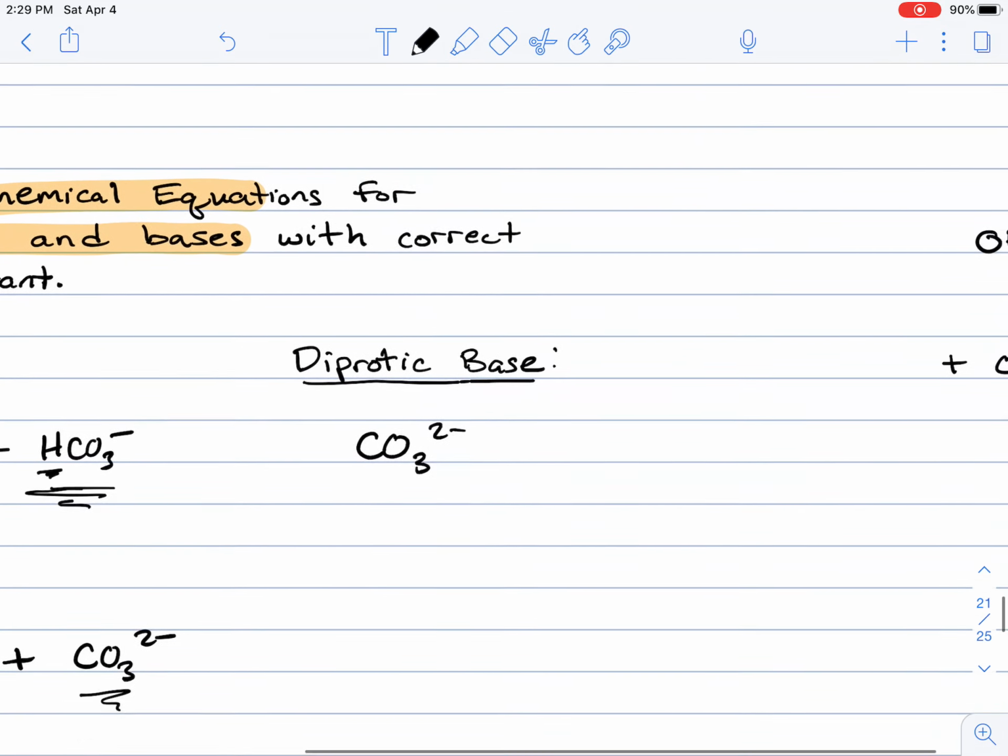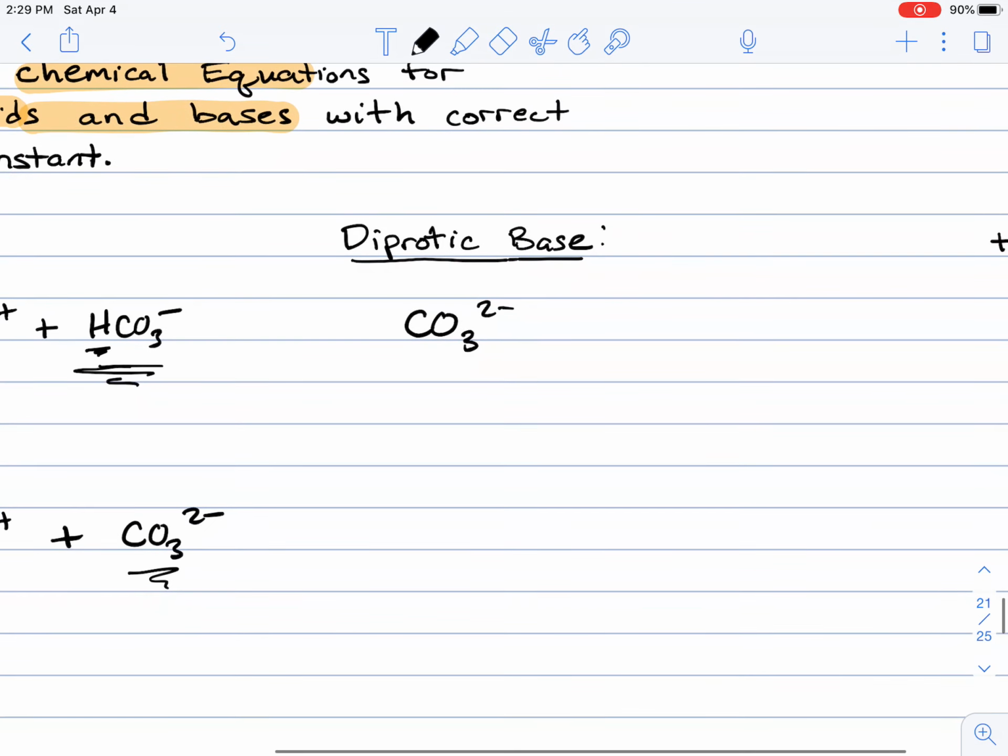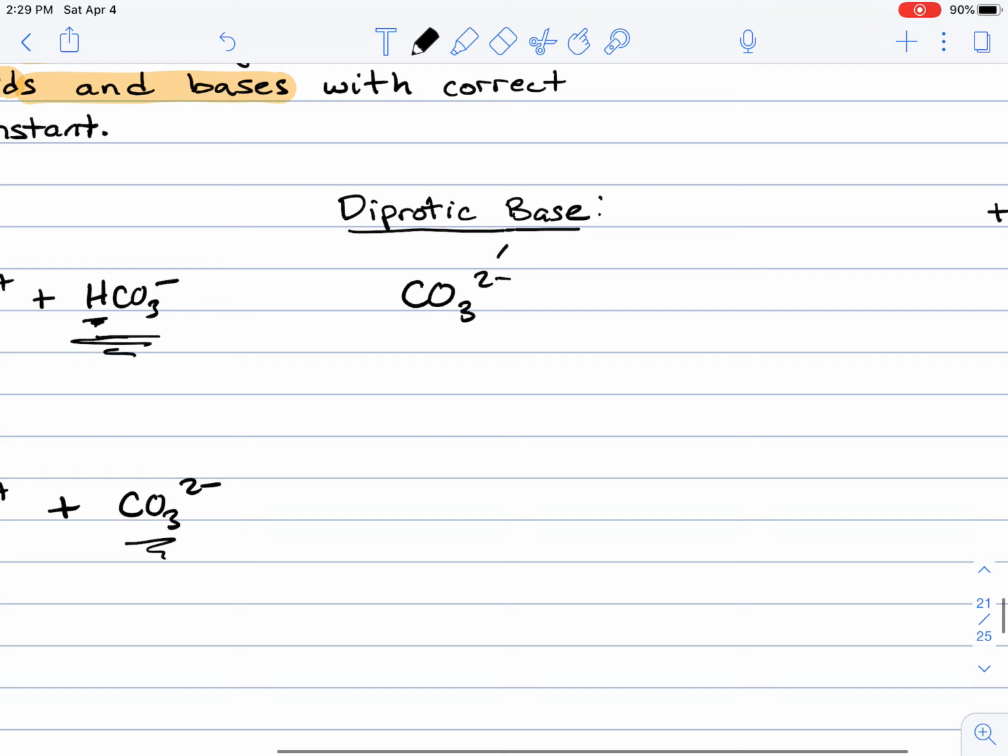Since carbonate has a -2 charge, it has the potential to ionize a hydrogen from a water molecule twice, coming from two different water molecules. Let's write the first ionization step.